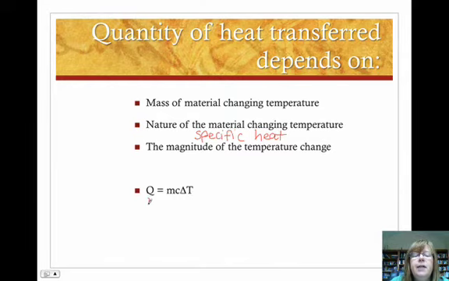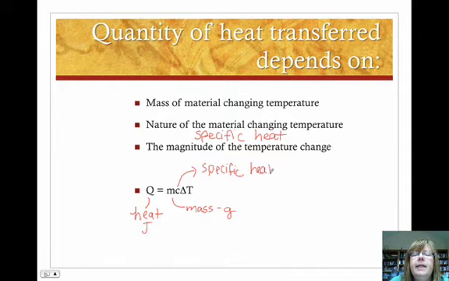Okay, so Q stands for heat, so let's remember that. Q is heat. Our unit is joules or kilojoules. m is mass, and a great unit for mass is grams. c is our specific heat, and we're going to talk about it in the next slide.